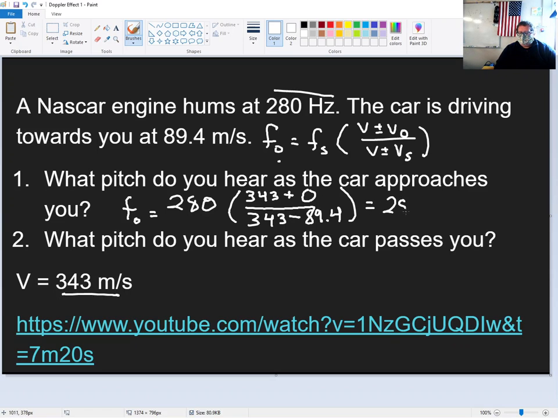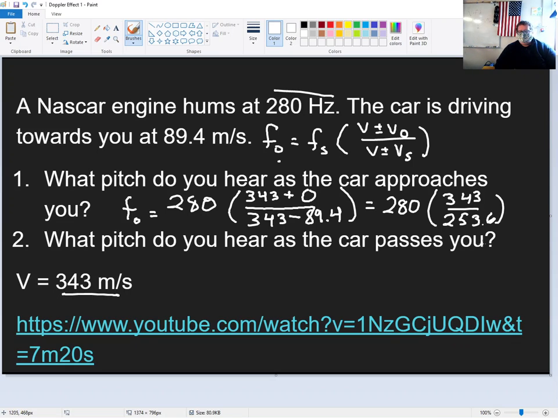So it's going to be 280 times, on top is 343. On the bottom, oh, I found my equation, by the way, it was under my calculator, 343 minus 89.4. I get 253.6.